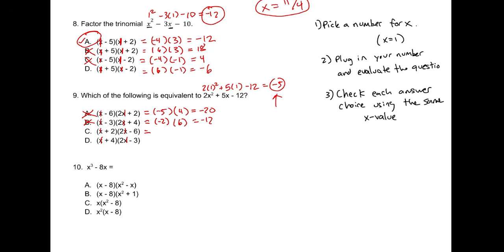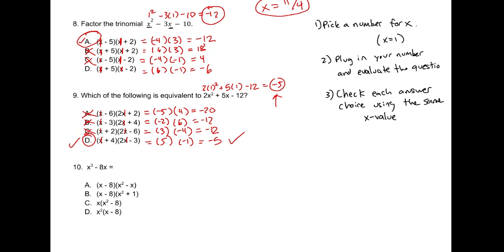Choice C, 1 plus 2 is 3, and 3 times negative 4 is going to be negative 12 again. So still, we don't have the right answer. It looks like it's probably going to be D, but let's verify this. 1 plus 4 is 5, and 2 minus 3 is negative 1, and sure enough, 5 times negative 1 is negative 5. So that checks out. Our answer is D.